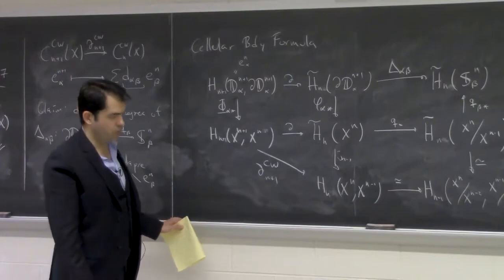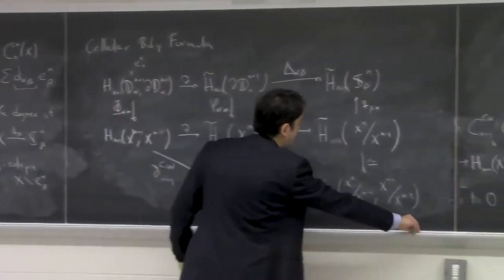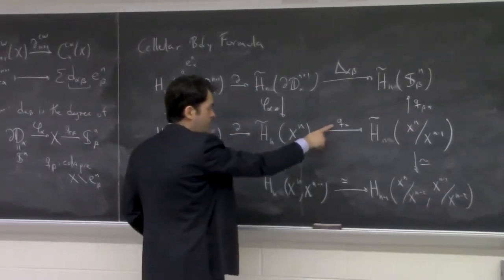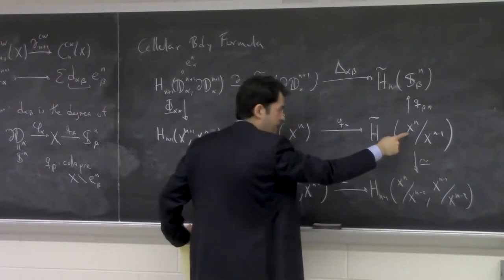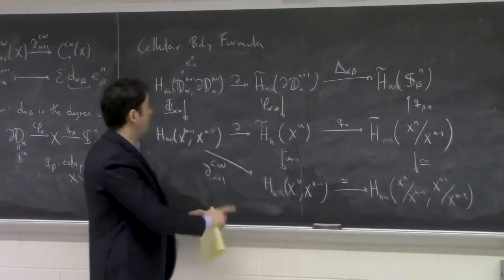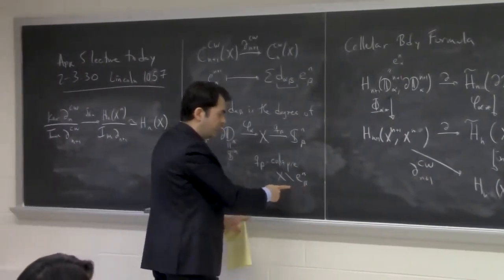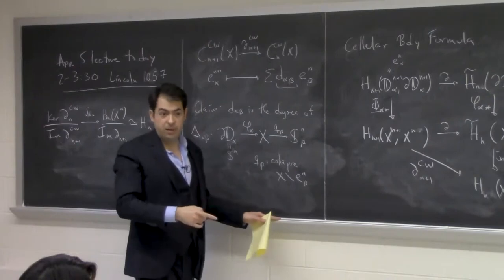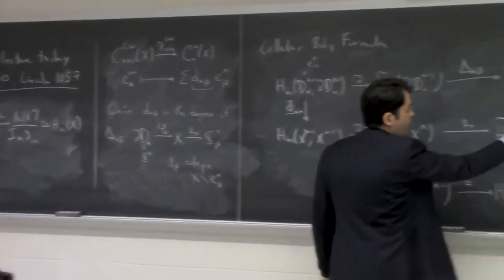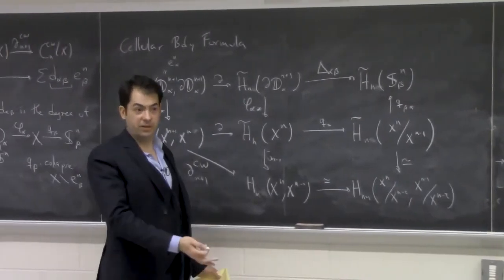I think we saw it when we were talking about excision. And this map, obviously, is what happens when you collapse the n minus 1 skeleton in X^n. But over here, we needed to collapse everything, not just the n minus 1 skeleton, but everything except this n cell. So you collapse all of the other n cells.